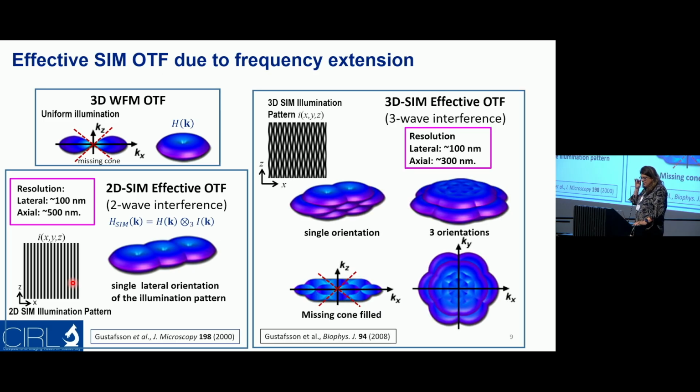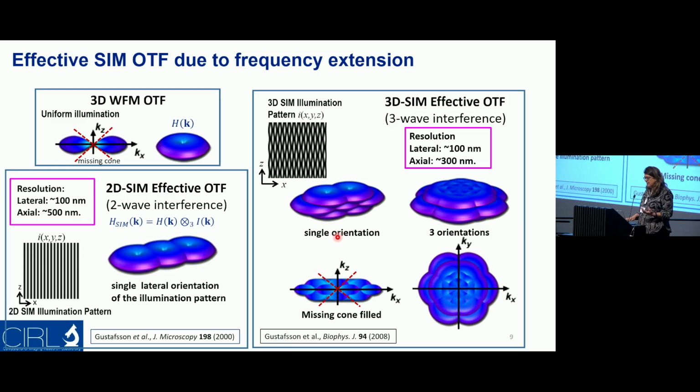And so later in 2008, Gustafsson showed that he could create a three-dimensional structural illumination pattern using three-wave interference, and so that improved the resolution both laterally and axially, and also provided 7 replications of the original OTF, so you got not only extension of the resolution, but also clearly filling in the missing cone, and so now you have an instrument that has a true optical sectioning capability.